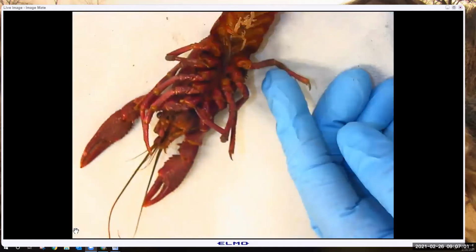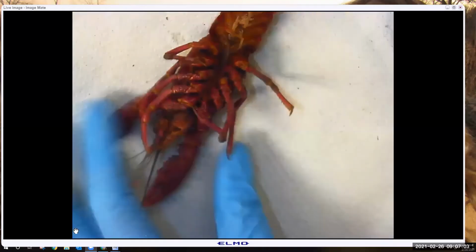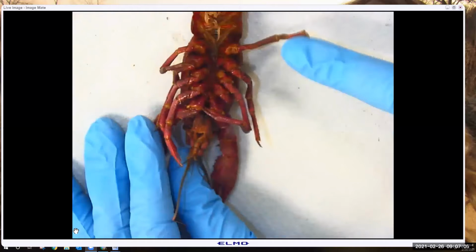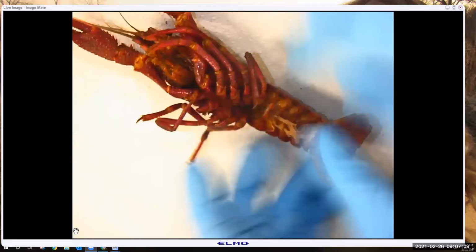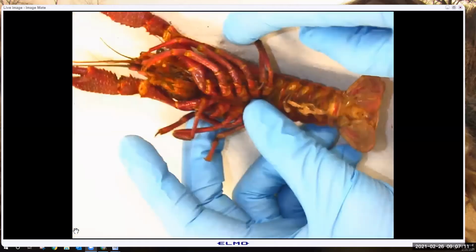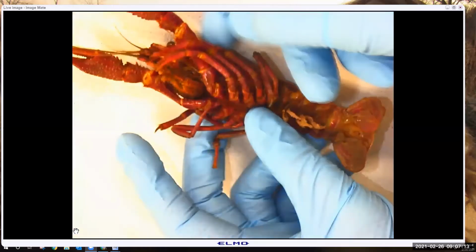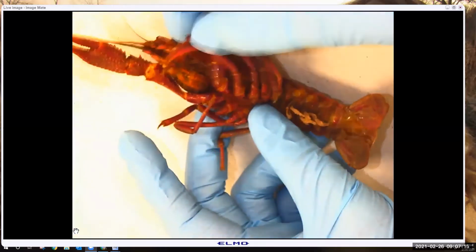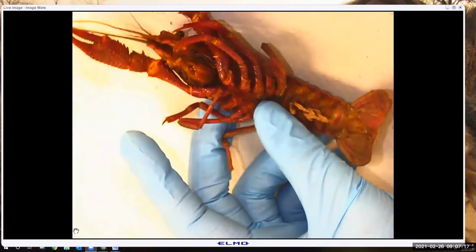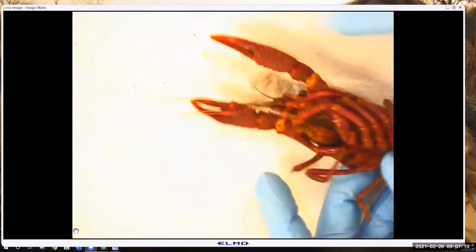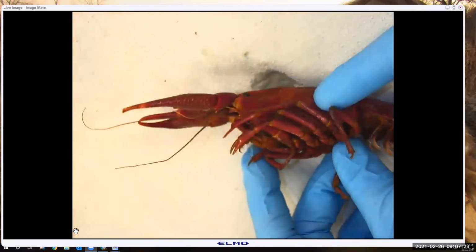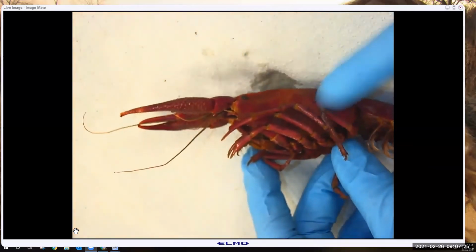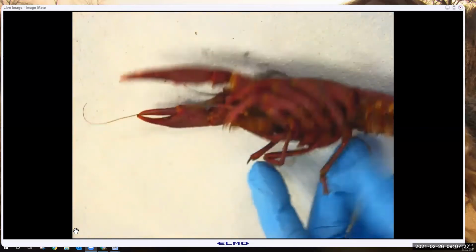We know he's symmetrical on both sides. We'll count one side. 1, 2, 3. Oh, you know what? He lost a limb over here. Let's count on this side, this is a better side to count. 1, 2, 3, 4, and then this is number 5. The big pincher up here at the top is number 5. So 5 on this side, he's symmetrical, so 5 on the other side. So he has a total of 10 limbs.